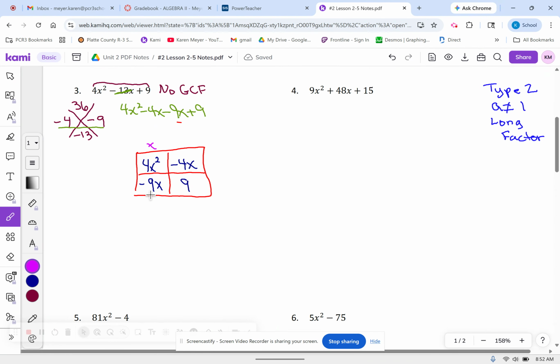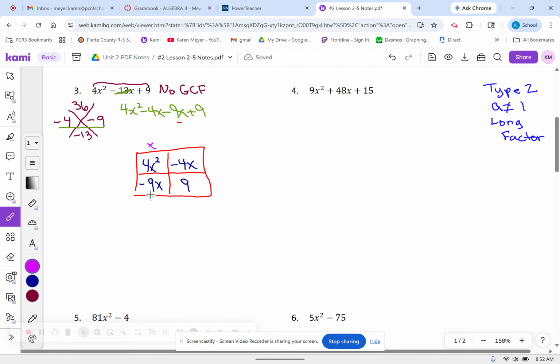Now what I would do is switch over to multiplication. So I would think, x times what makes 4x squared? And hopefully you say 4x. And then for the top, 4x times what makes negative 4x? And that would be negative 1. And then here, I'm going to go with x.